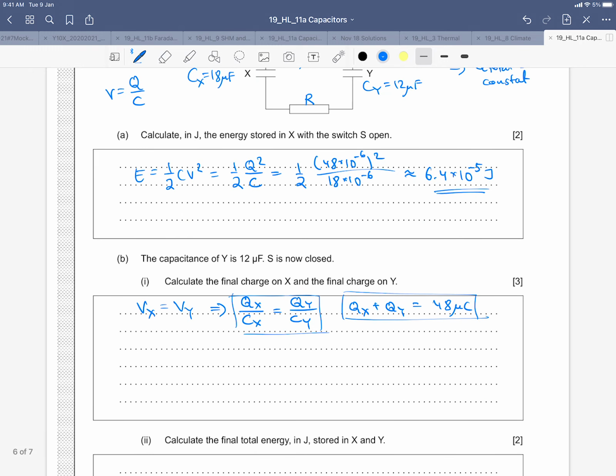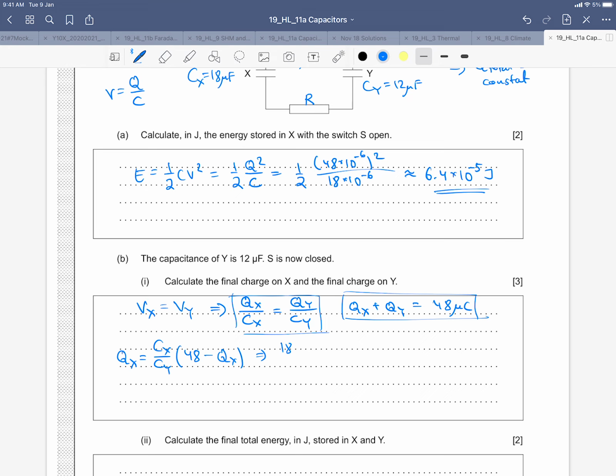So what do we do here? Well, I believe we simply just solve them, do the math, right? We can multiply by CX, and then we can sub in QY, 48, let's just work it out. That's in microcoulombs minus QX. And then we can solve for QX, right? We expand, and let me see, what did I do here? We can also just plug in the numbers, right?